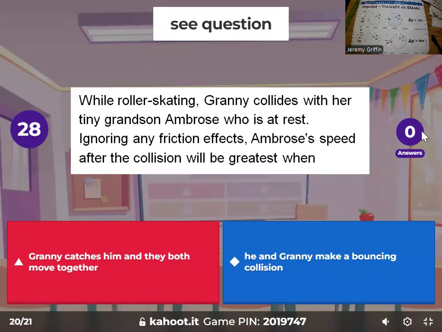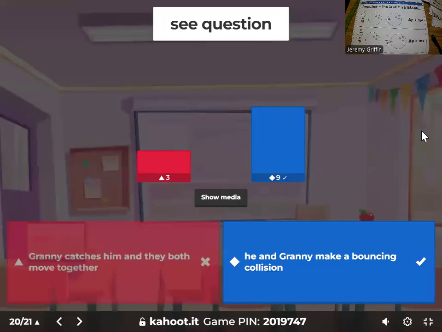While roller skating, Granny collides with her tiny grandson Ambrose, who had been at rest, ignoring any friction. Ambrose's speed after the collision will be greatest when... a bouncing collision, because that's more elastic.